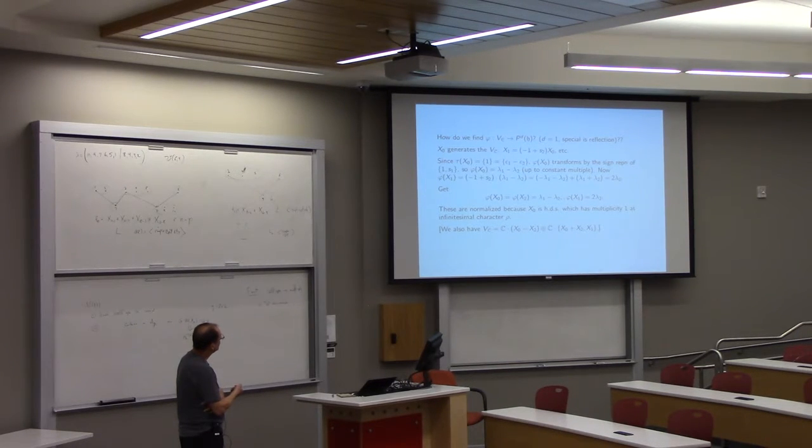And so up to a multiple, the multiplicity polynomial is lambda 1 minus lambda 2. And you can figure out what this is too, because you know x1 in terms of x0, and you get 2 lambda 2 for the multiplicity polynomial, up to a constant.